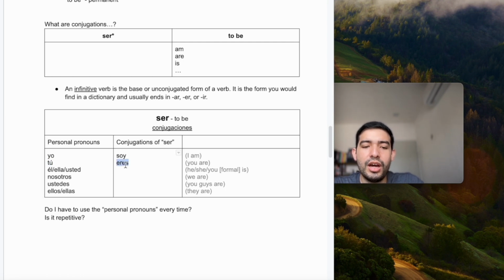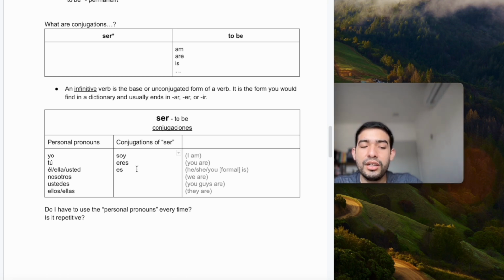You are. Tú eres. Él, ella, usted es. For all of these, we would use es. So he is, él es. She is, ella es. And you, formal, is, usted es.